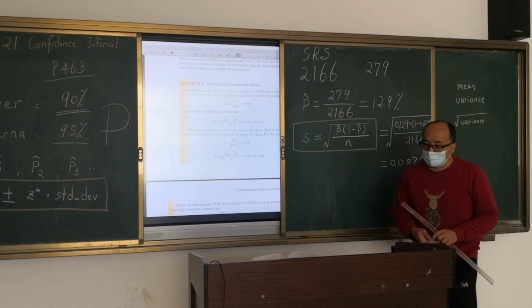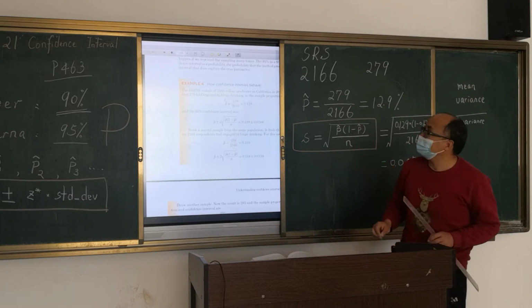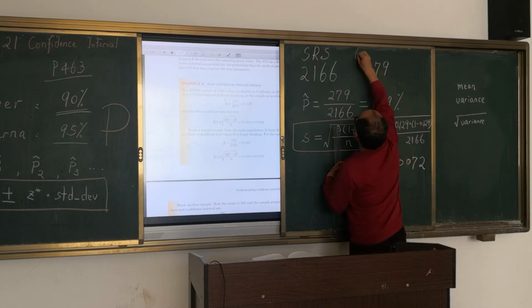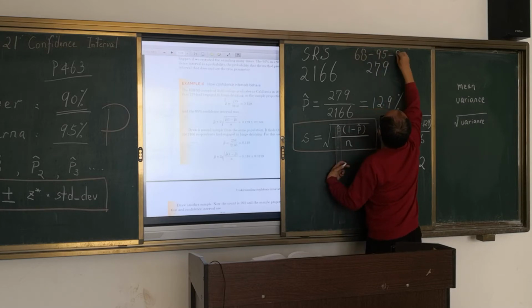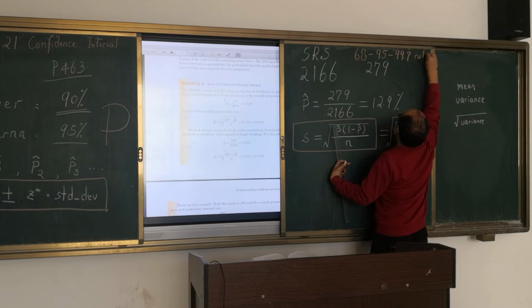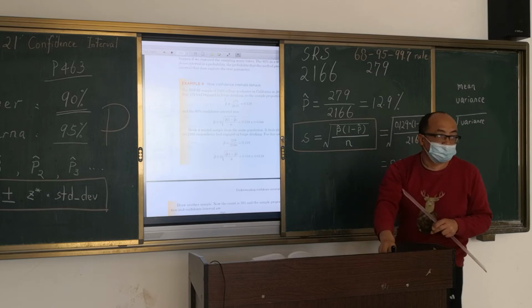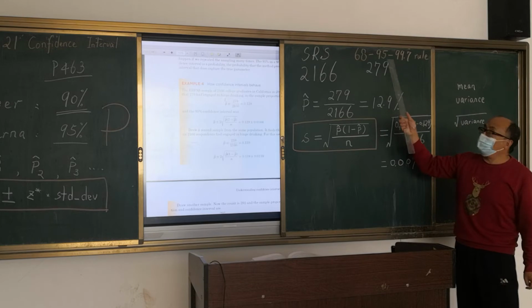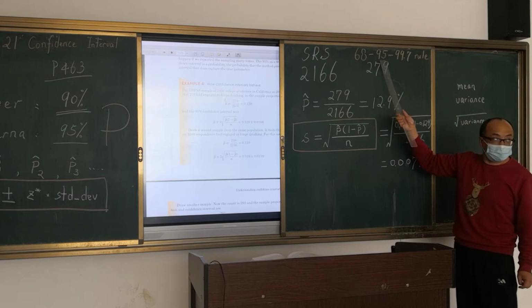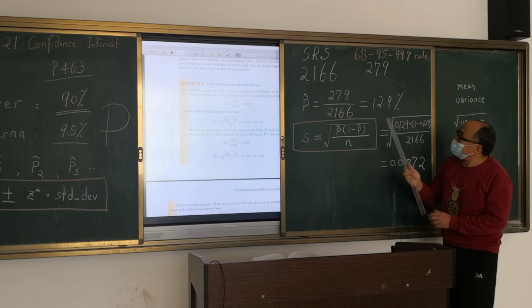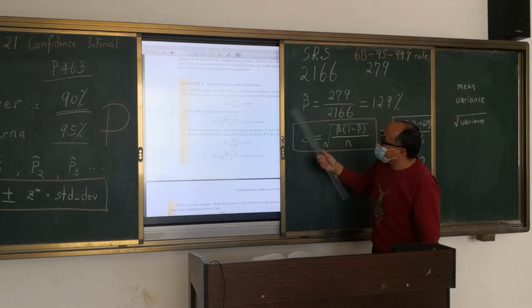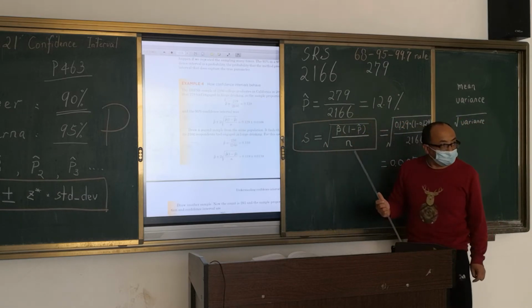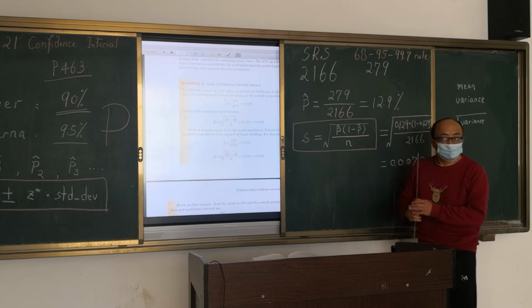Now you will bring back this, maybe a second time: 68, 95, 99.7. Normally we use 95% confidence. For 95%, the z-score is 2.